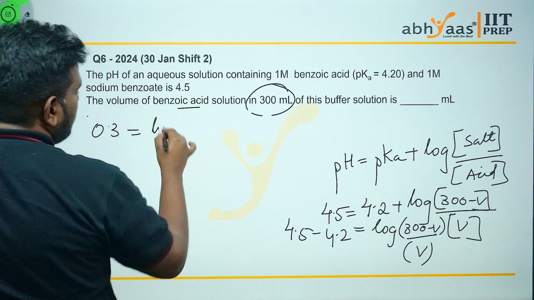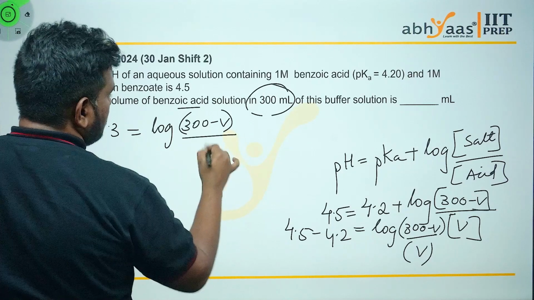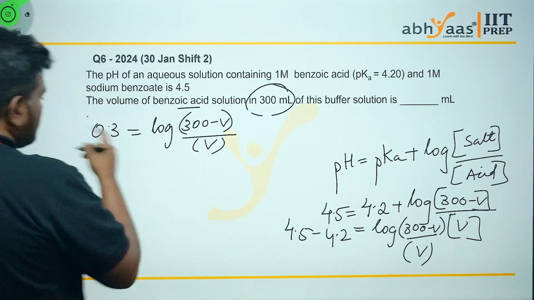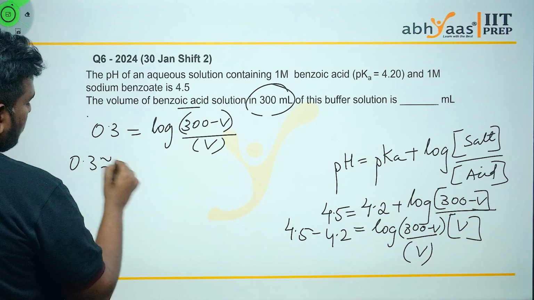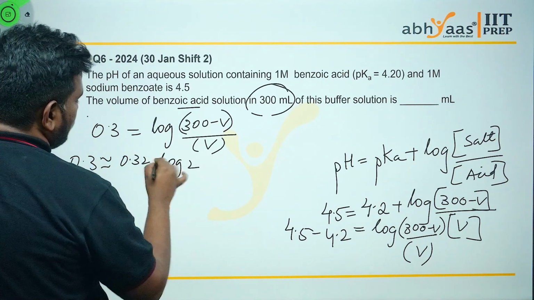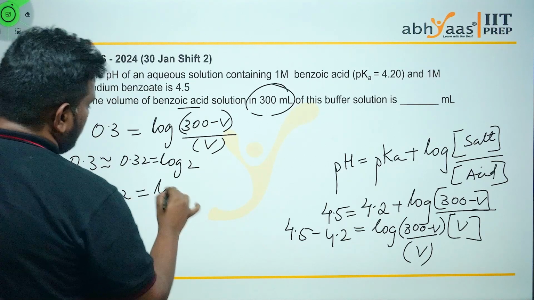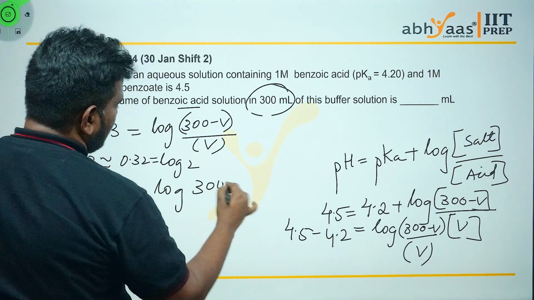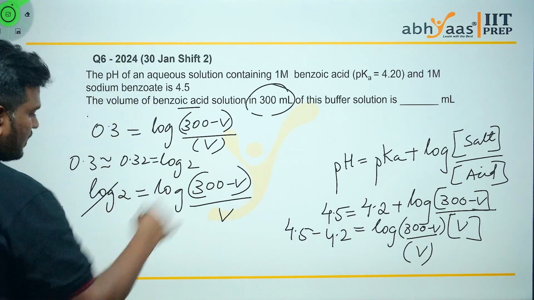So 0.3 is equal to log of 300 minus V by V. Here 0.3 is approximately equal to 0.32, which is log 2. So I can write log 2 is equal to log of 300 minus V divided by V. Here I can cancel this log.